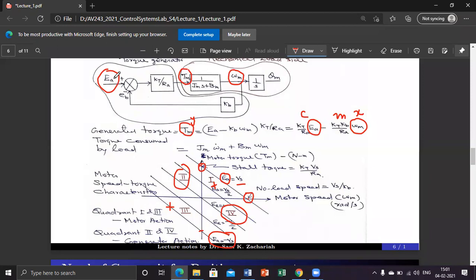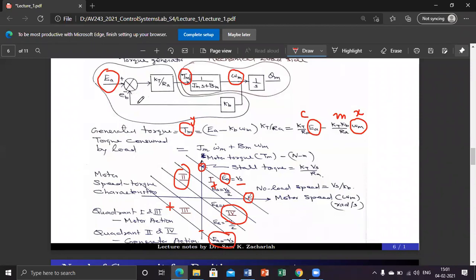That is Lenz's law. That means the effective voltage across the armature will be less, which is EA minus EB. And hence the current passing through the armature is less, and hence the torque produced by the armature is less, because torque is proportional to the current.